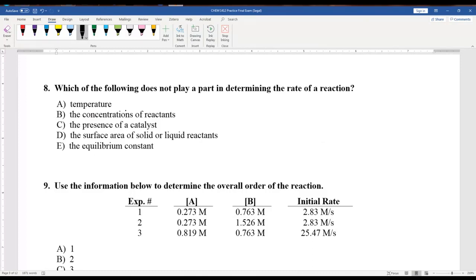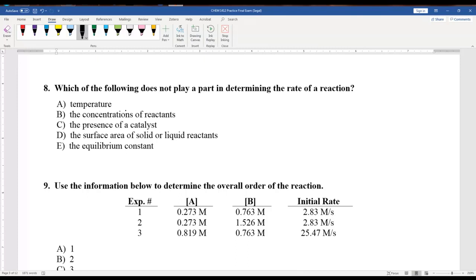And basically the kinetic molecular theory states that reactions occur when molecules or atoms collide with enough energy, so they're moving fast enough, and at the precise orientation, the correct orientation that they need to collide in order for the reaction to work.